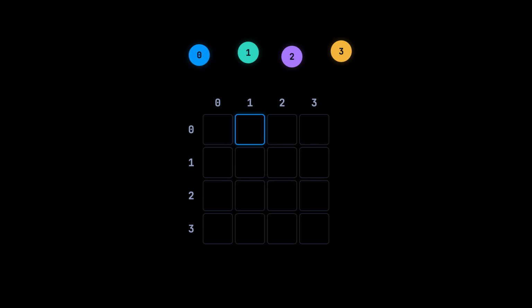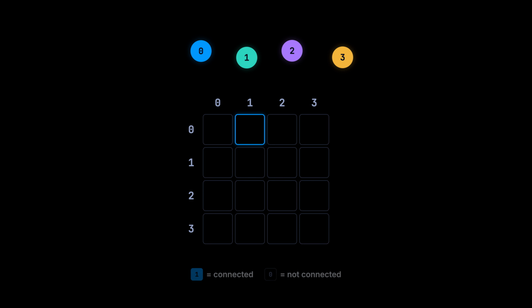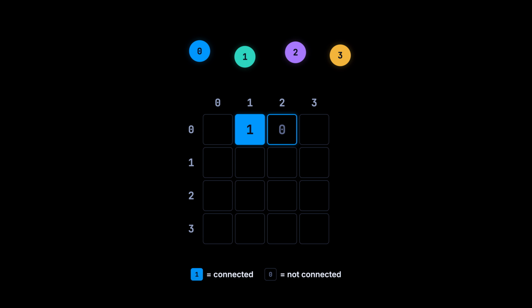So every little box in this grid sits at a crossing, a row friend and a column friend. And that box answers one simple yes or no question. Is this row friend connected to this column friend? If yes, we put a 1 in the box. If no, we put a 0. That is the entire idea. 1 means connected. 0 means not connected.